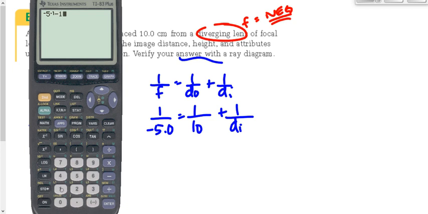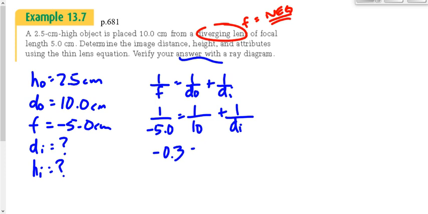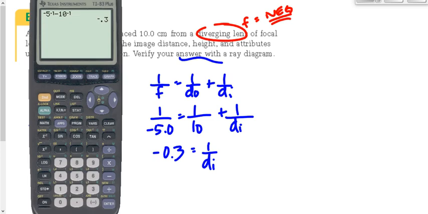Subtract 1 over 10, or 10 x to the minus 1. I want to take the 1 over 10 over by subtracting, so I can get DI by itself. But when I do that, I get negative 0.3. That doesn't equal DI, that equals 1 over DI. So what I've got to do with that is flip it over, take the inverse of it. So just x to the minus 1 of my answer there, and I end up getting DI as negative 3.33.